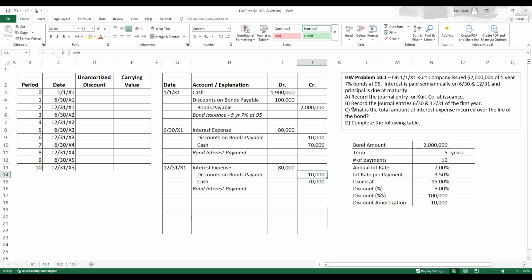Here I would ask this: what is the total amount of interest expense incurred over the life of the bond? And so really what we can see is it's $20,000 per year. And so maybe I'm trying to think where it would be a good spot to put this in.